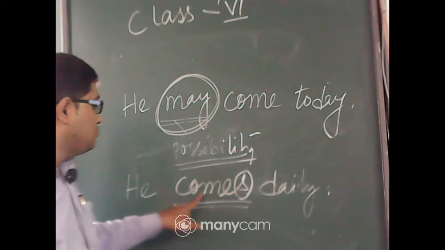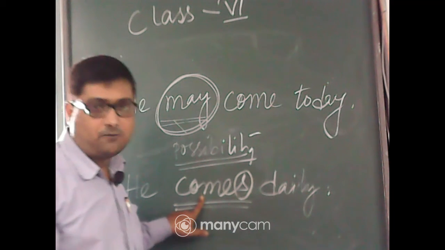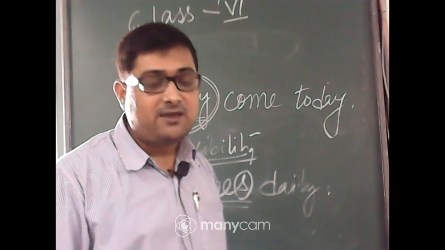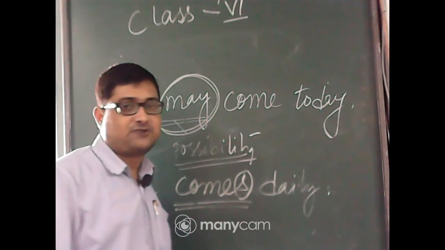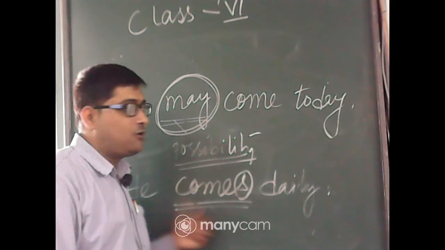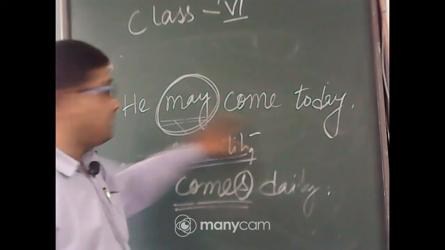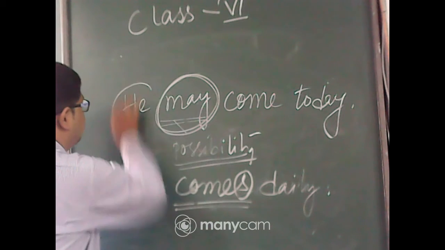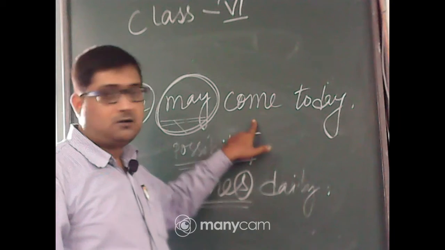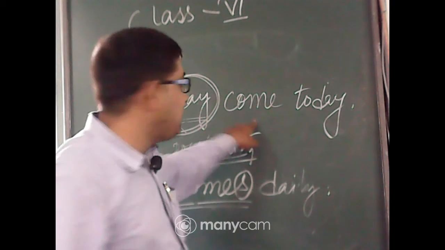Whenever we use an ordinary verb or main verb or finite verb, whatever the name it might be, you may have two or three names, here also this verb is having two or three names. So if we use that verb after the third person singular, then it always takes s or es. But here we have used the same third person singular subject, and we have used the same verb, that is come, but I have not used any s or es with the verb. Why? Because of that modal.